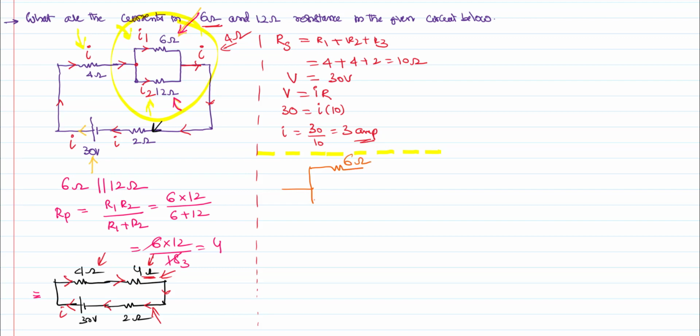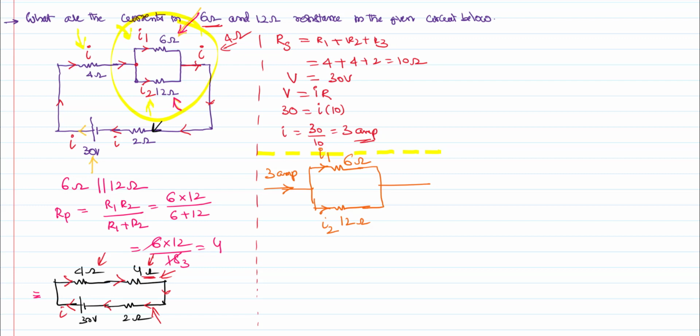There is a 6 ohms and a 12 ohms. The current coming to this branch is 3 amperes. That 3 amperes is distributed as I1 and I2. What are the values of I1 and I2? That's what our question actually is.